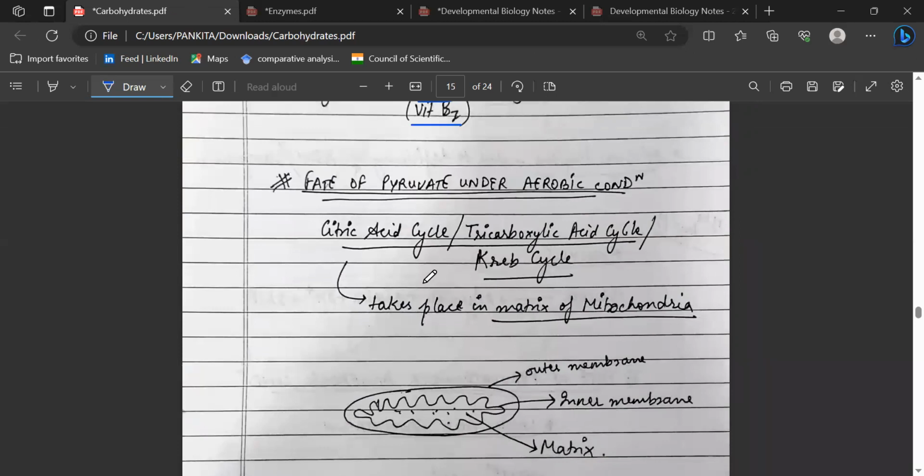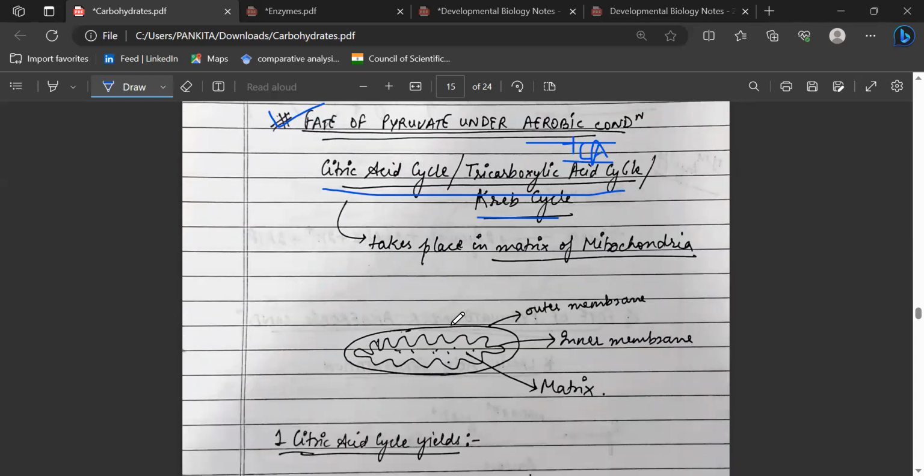If we talk about the fate of pyruvate under aerobic conditions, the pyruvate undergoes the citric acid cycle. The citric acid cycle is also known as the dicarboxylic acid cycle or Krebs cycle or TCA cycle. The TCA cycle happens in the matrix of mitochondria.